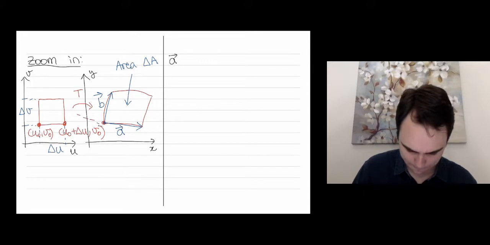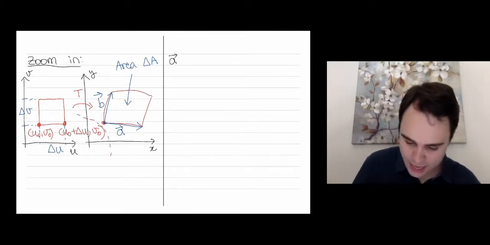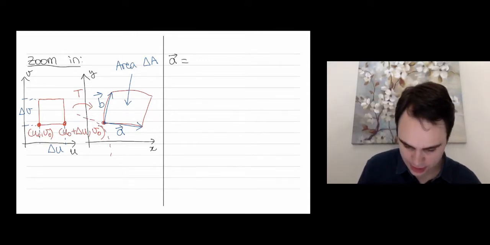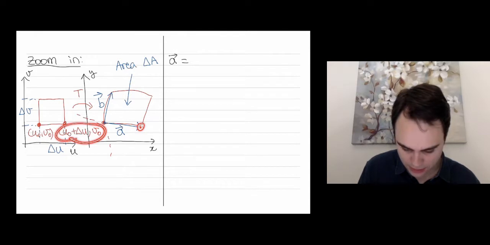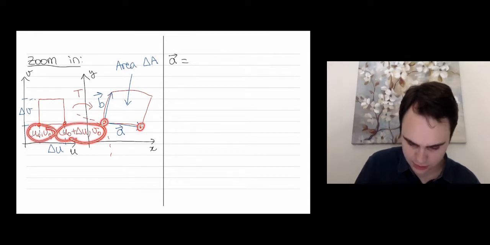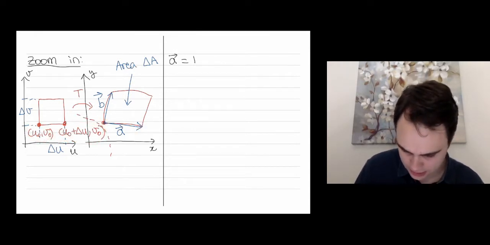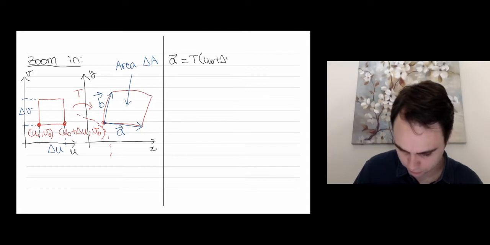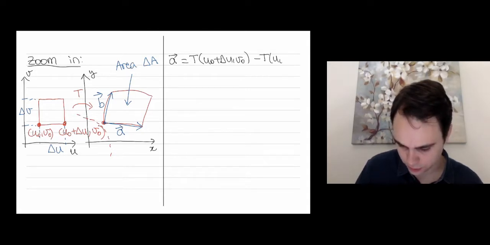All right, so A is t of this point minus t of this point. Let me write that down: A is t of (u0 plus delta u, v0) minus t of (u0, v0).